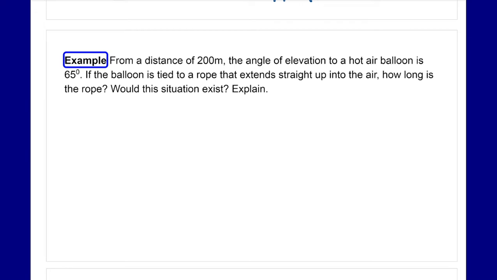First of all, it means our balloon is tied to this rope here. So we're going to draw our little balloon.